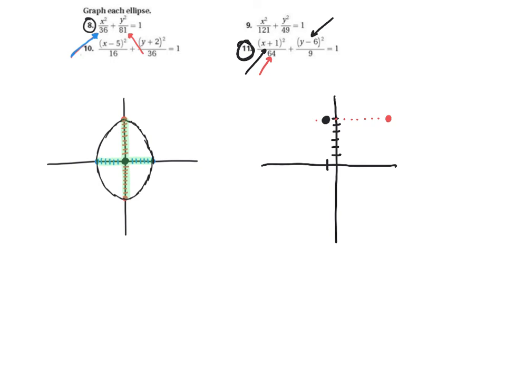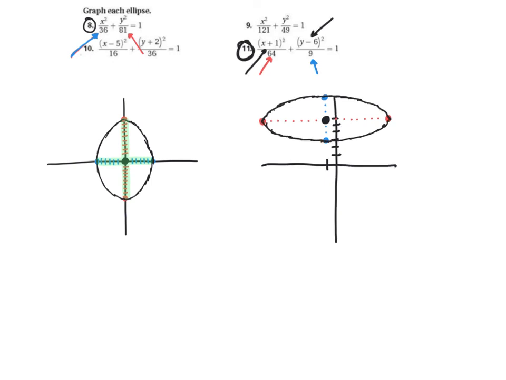Go backwards: 1, 2, 3, 4, 5, 6, 7, 8. Put a point. And then, since 9 is smaller, that makes it the minor radius. The square root of 9 is 3. 1, 2, 3. 1, 2, 3. And we're good. Let's just connect the dots.